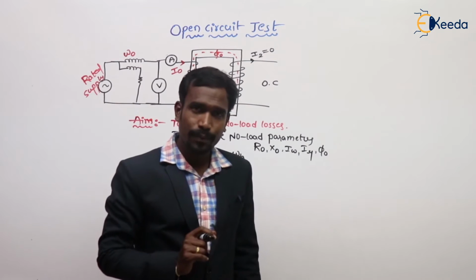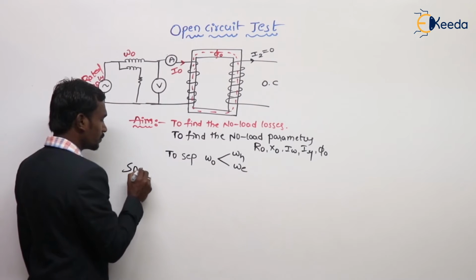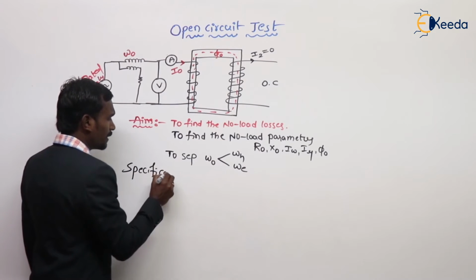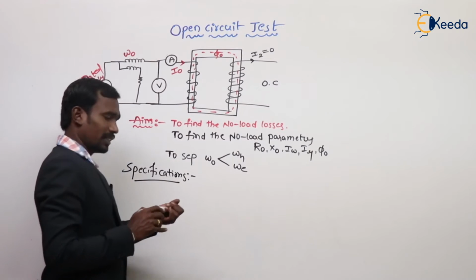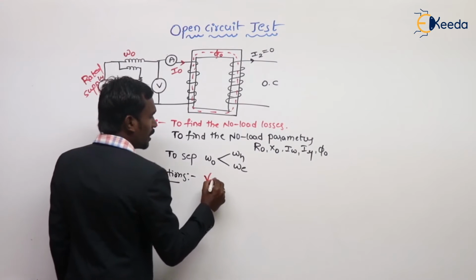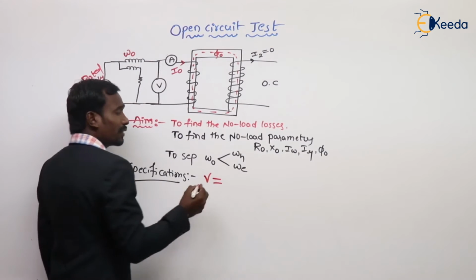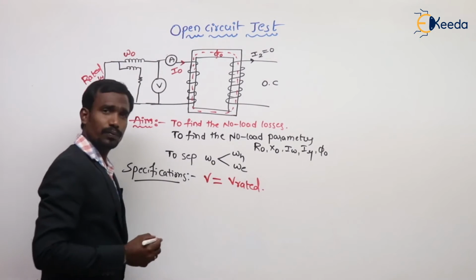Next, what are the specifications? What is the voltage? What is the current? Generally, in the open circuit test, the voltage applied is the rated value.